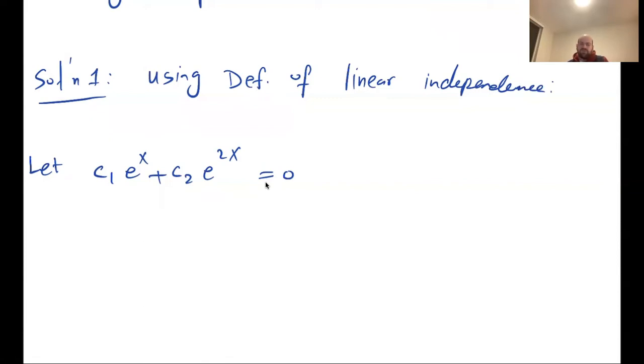Then I want to show that C1 and C2 must both be 0. Remember, if you want to show that a few vectors are linearly independent, you have to assume that some linear combination is 0, and you have to be able to conclude that all coefficients must be 0. So how can I do that? Well, this is true for every x.